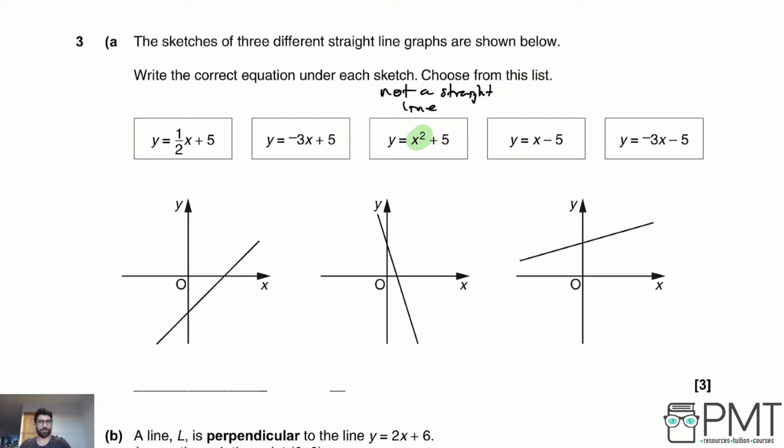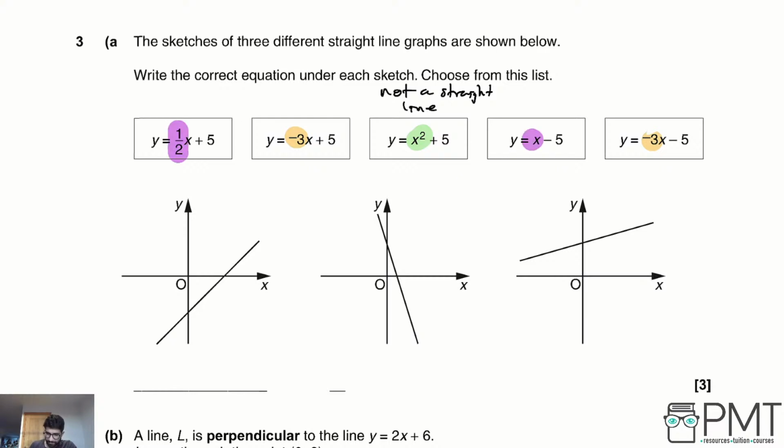So we can eliminate that one. That's not going to be one of the lines. Then you can see I would look at the gradients and the intercept. There are 2 of them with the same negative gradient, -3, -3, and this one has a gradient of half.